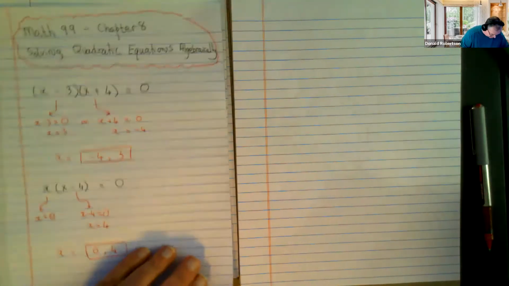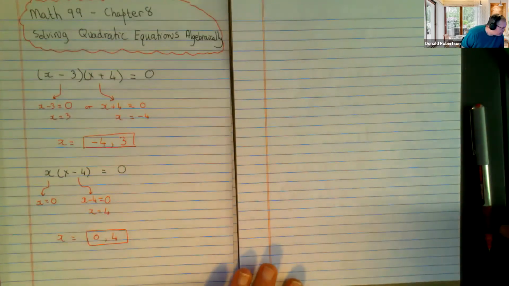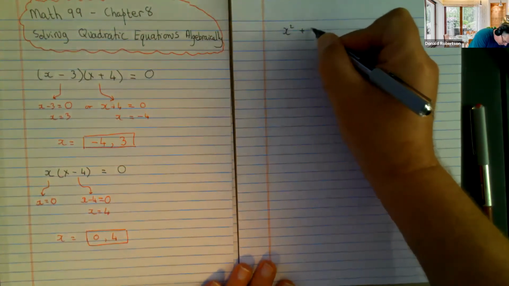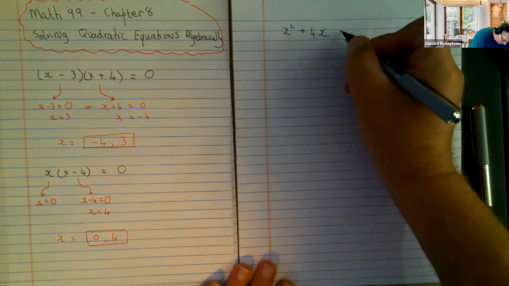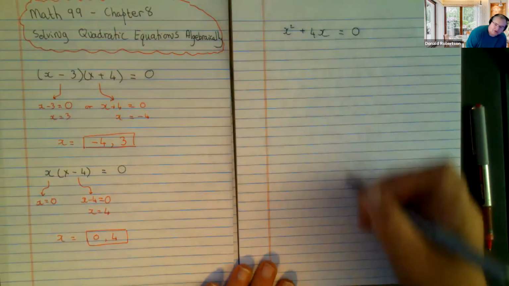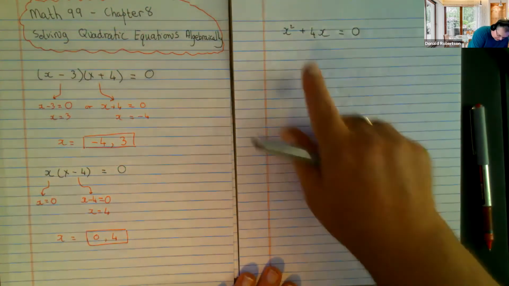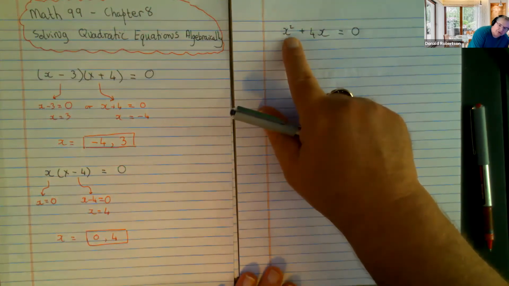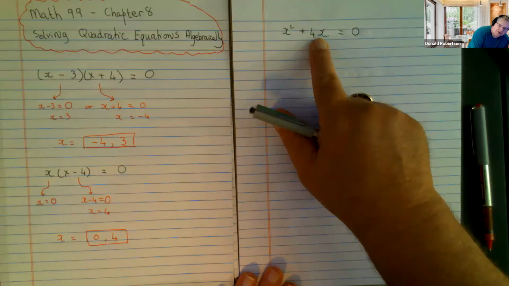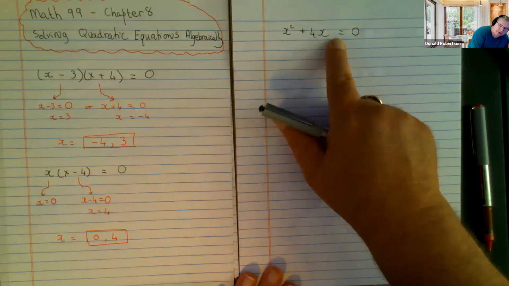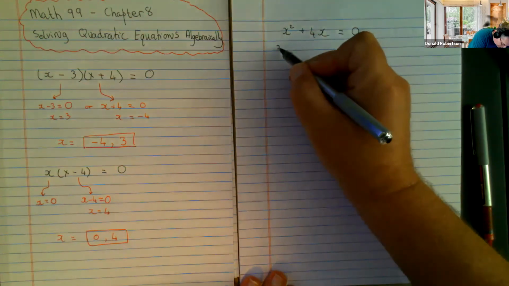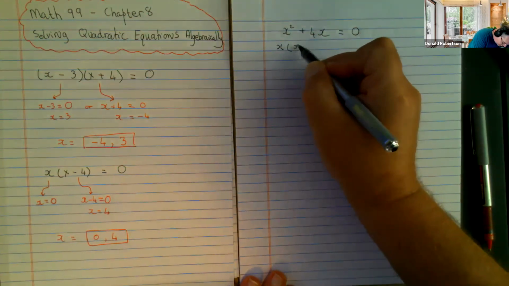So the next level up, because that's a pretty straightforward one, would be questions where you have to do the factoring yourself. So let's look at that one. Now, it's a quadratic, as all of these are. It's going to have an x squared of some sort, may or may not have an x, and it may or may not have a constant term. If you only have x squareds and x's, your factoring is going to be a common factor, in this case of x.